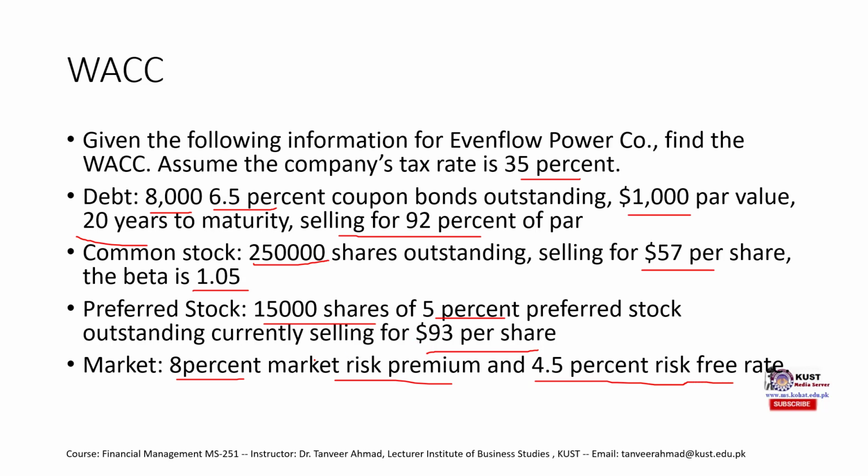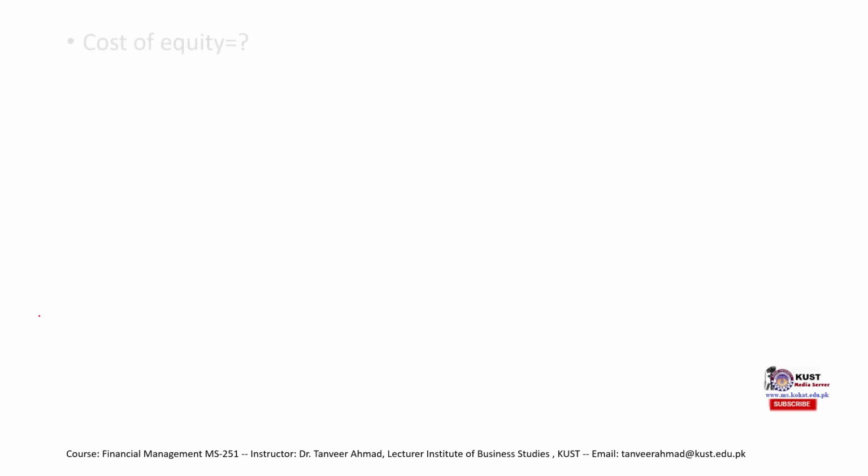So from this information we can get an idea that cost of equity would be calculated using the CAPM model. So first we need to calculate cost of equity, and in this case it would be calculated using the CAPM model.